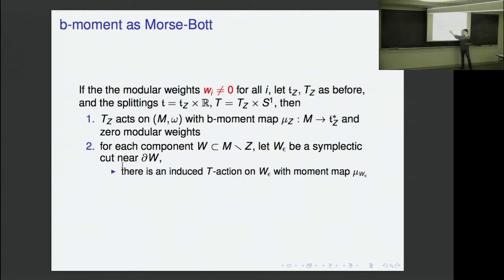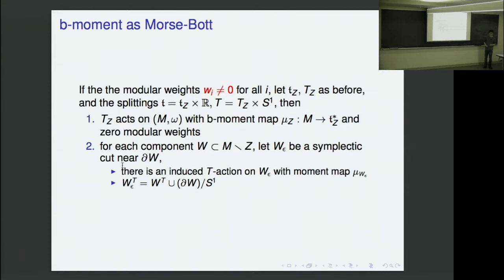So there will be an induced torus action on the symplectic cutting, with a nicely defined moment map, and this will agree with the original manifold and the original moment map quite a lot, except near the singular locus. And then they will also have some relation between the fixed point sets. So these are the basic Morse theoretic properties of the b-moment maps.